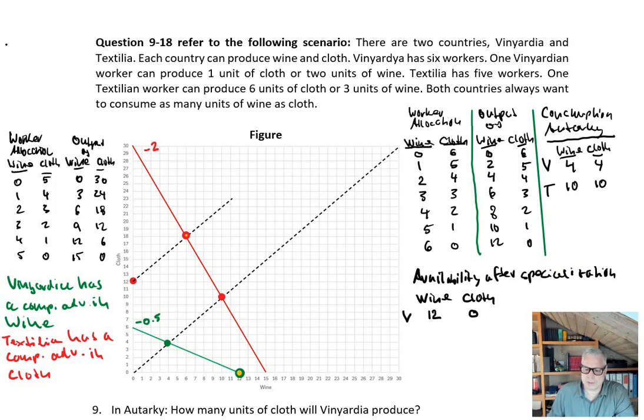What about Textilia? They produce 18 units of cloth and 6 units of wine.